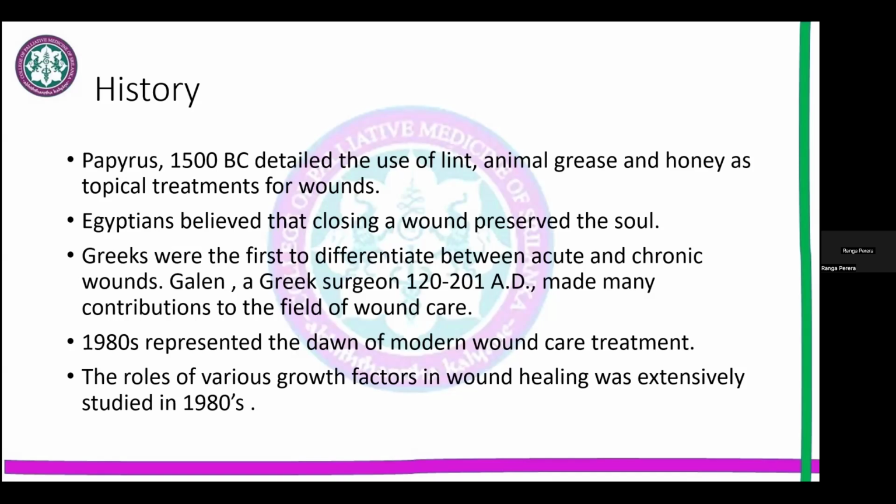Right, so we go back to the history. Wounds have been there from the beginning of human life. There have been wars and injuries, so there will be wounds. In the ancient texts about how they treated wounds, we can find about 1,500 years before Christ, in the Egyptian system, they used animal grease or animal fat and honey as a topical wound treatment.